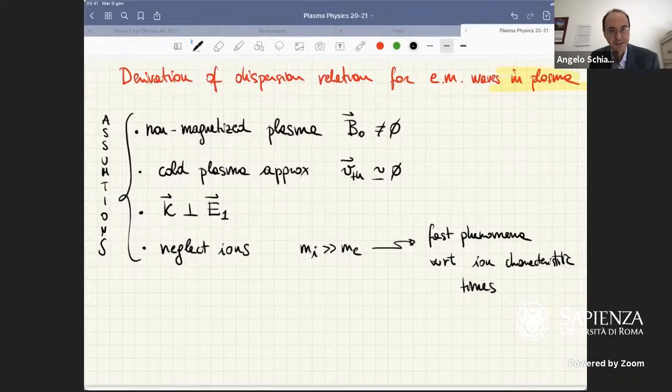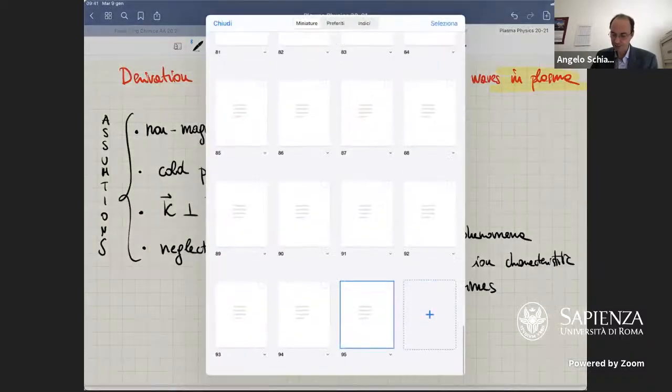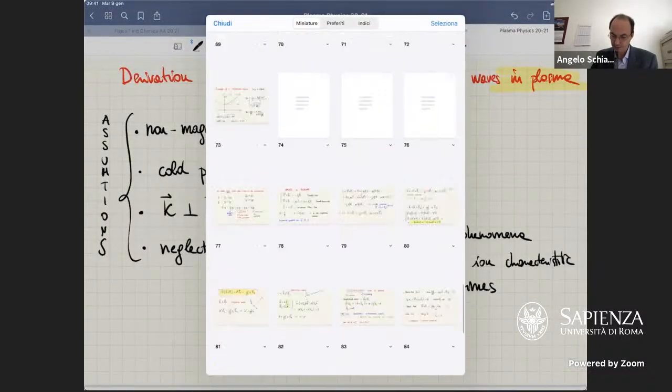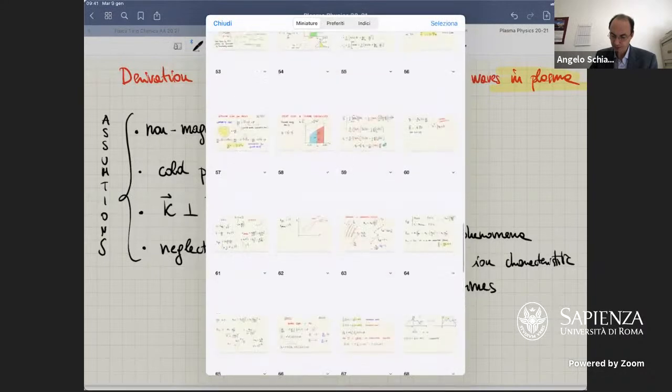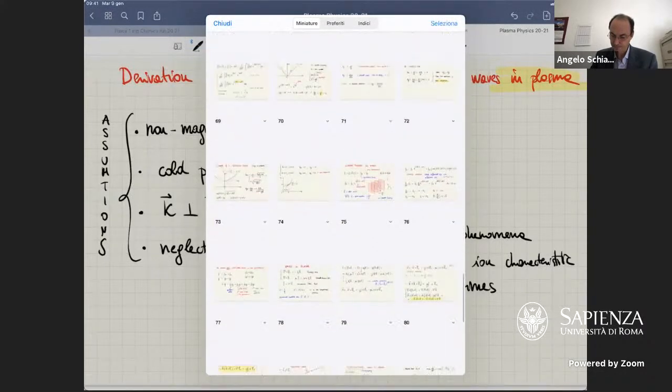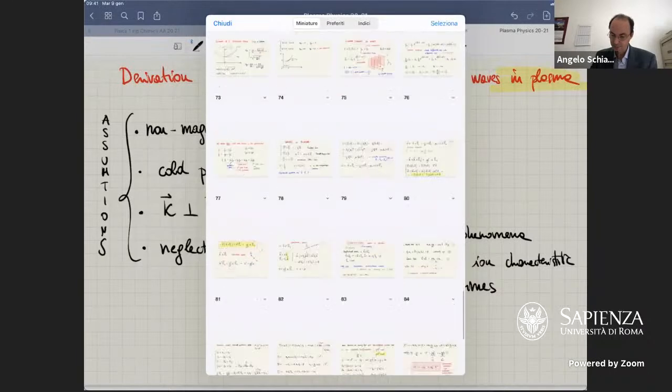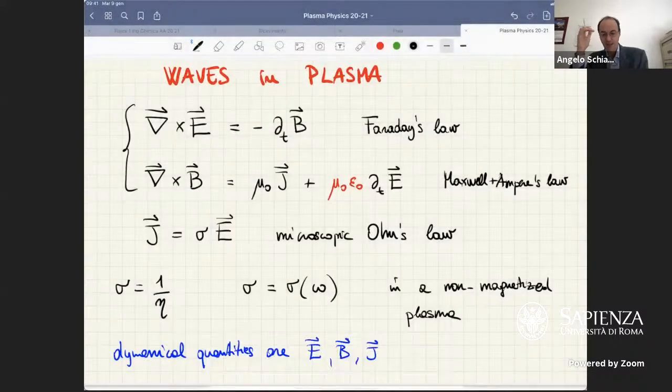Okay, then these are our assumptions. We need our ingredients. Our ingredients are the equations that we want to mix in order to get wave propagation. We've done that already at the beginning of this wave treatment, when we introduced waves in plasma.